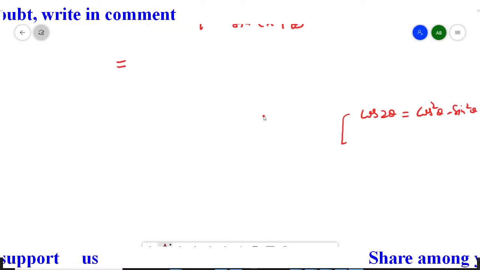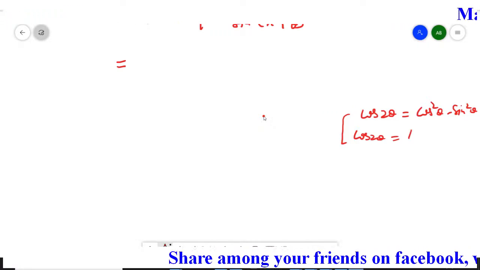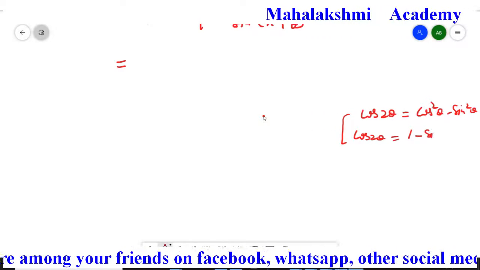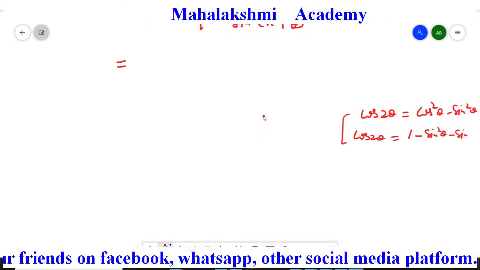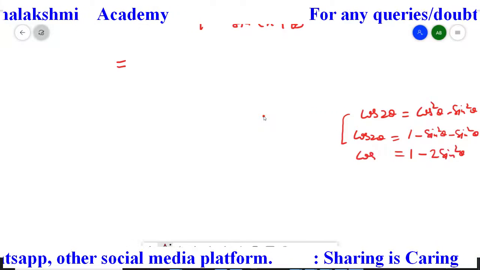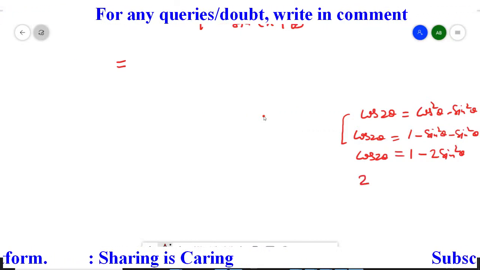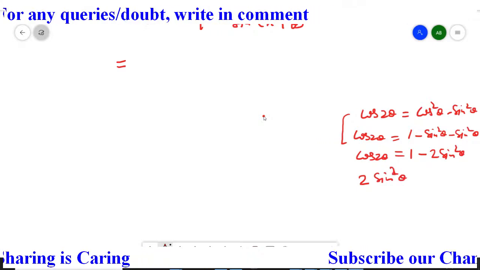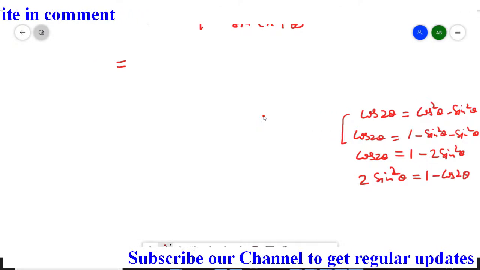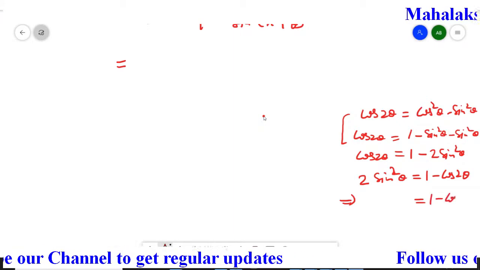From here, cos 2 theta, if I convert this cos square theta, it is going to be 1 minus sin square theta, and this sin square theta as it is, so it is going to be 1 minus 2 sin square theta, and it's cos 2 theta only. So I am going to replace them. So 2 sin square theta is equal to 1 minus cos 2 theta.